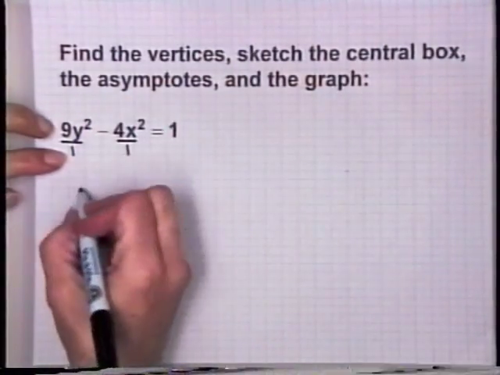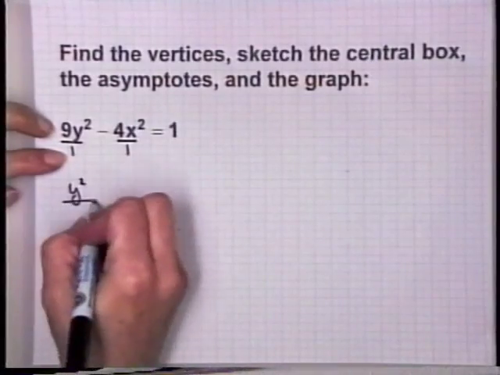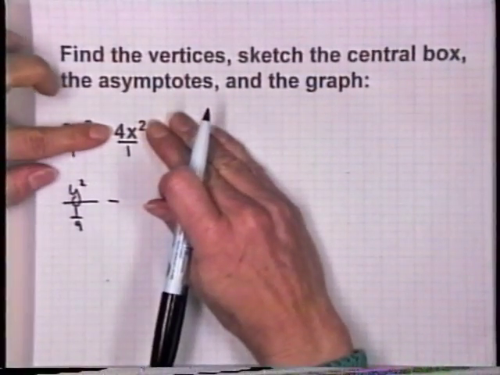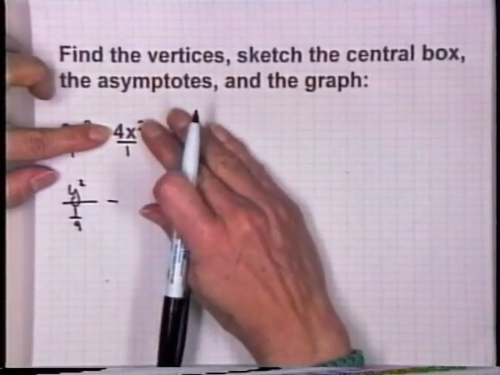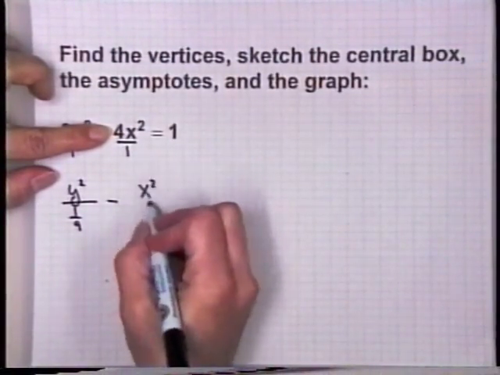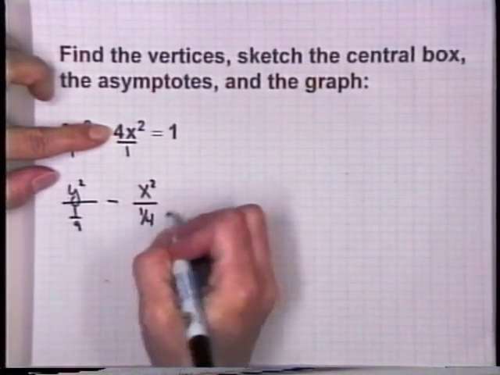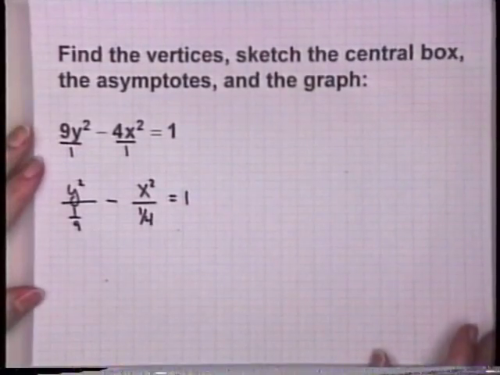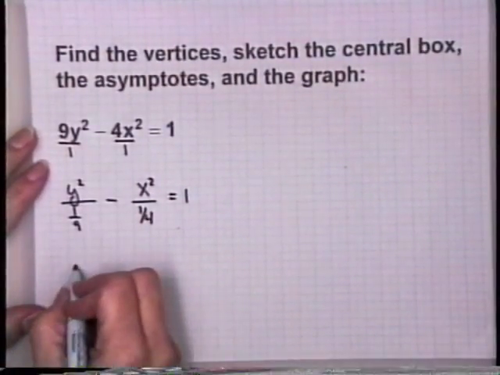So dividing by 9, I get y squared over 1/9. And in this second fraction, I don't want the 4, so I'll divide numerator and denominator both by 4, giving me x squared over 1/4 equals 1. So it just turns out that my a squared and b squared are fractions.